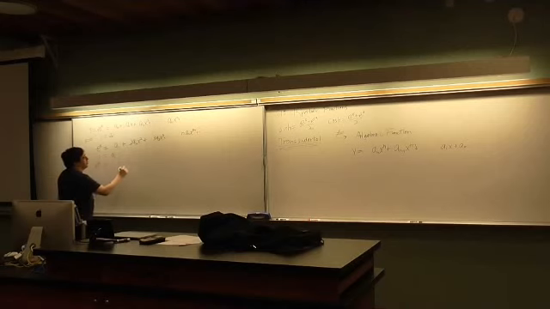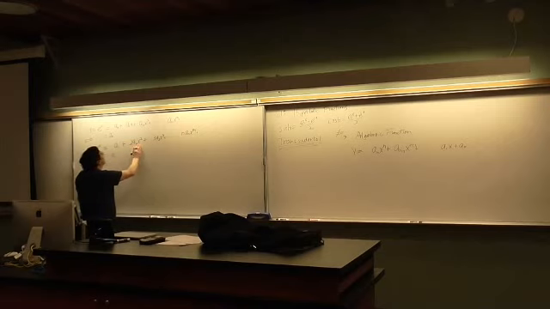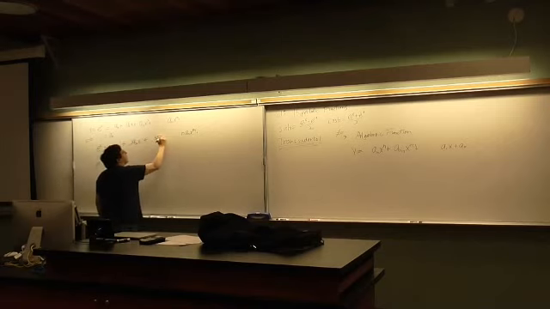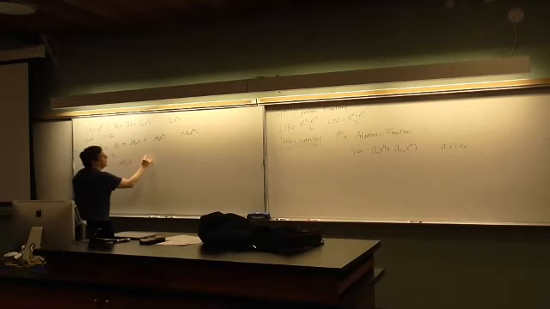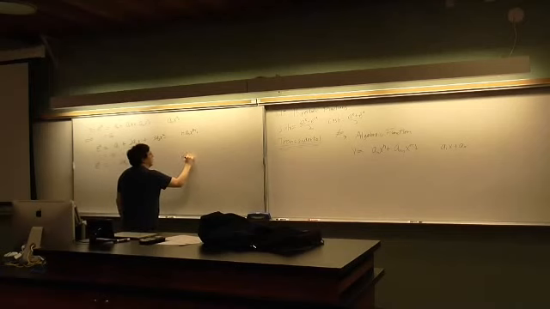Now e to the x is equal to, okay, I made a mistake here. This is just x. This is x squared. So we have, the derivative here is 2a2 plus 6a3x plus n times n minus 1 a_n x to the n minus 2.